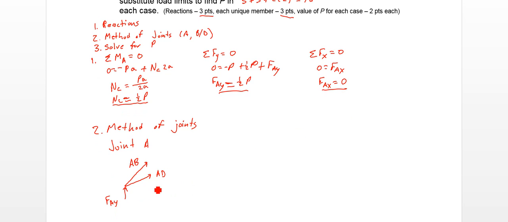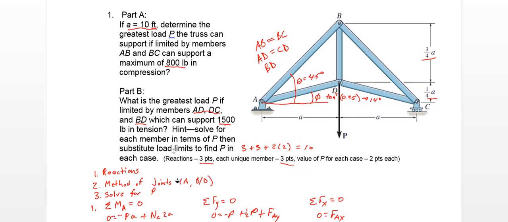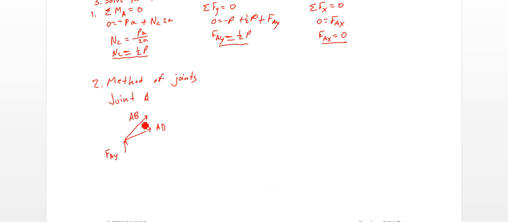So it's pretty clear that AB and AD can't have the same direction. They can't both be compression or tension members. One has to be one and the other has to be the other. We also had a hint in the problem description that AB is a compression member. In compression, AD is in tension. I'm going to stay with this sign convention. I'm going to draw all things in tension so that a negative sign indicates compression.